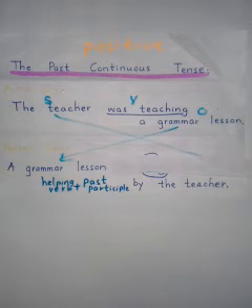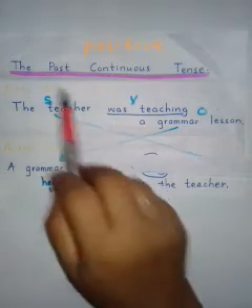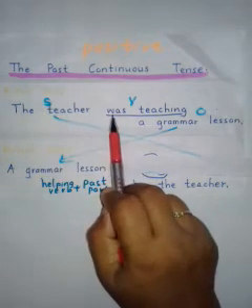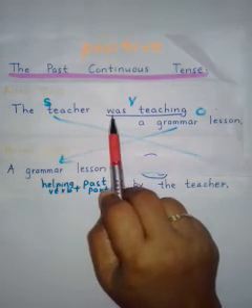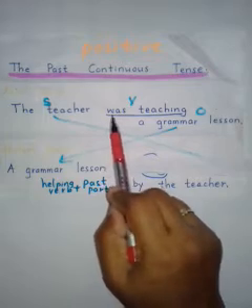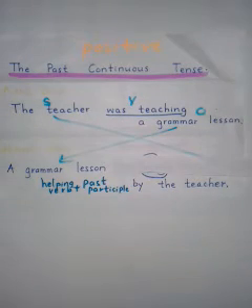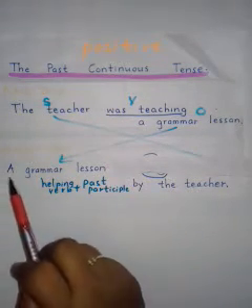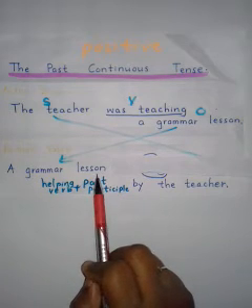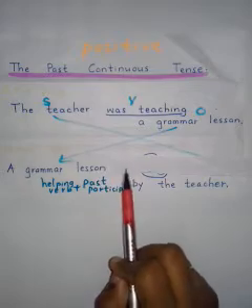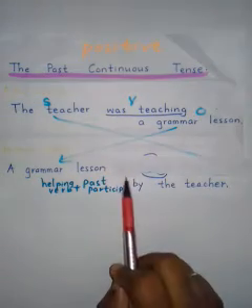Now, as a third step, let's form the passive verb. Time is a past time, so we can use the helping verbs was or were. A grammar lesson represents a singular noun, so the helping verb must be was.